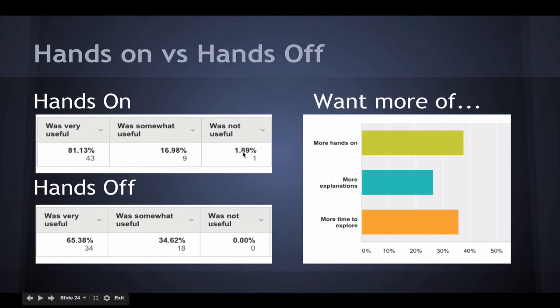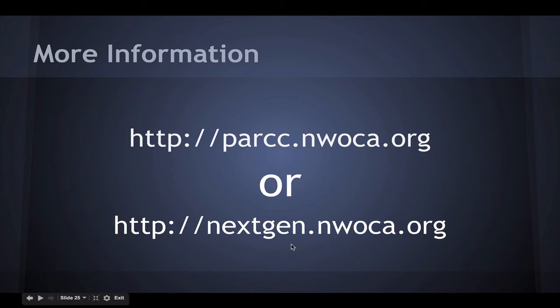So you're not going to be able to please all of the people all of the time. If we asked them what they wanted more of, it was very close between more hands-on or more time to explore. We're looking at roughly an even three-way split for those things. A few less wanted more explanations.